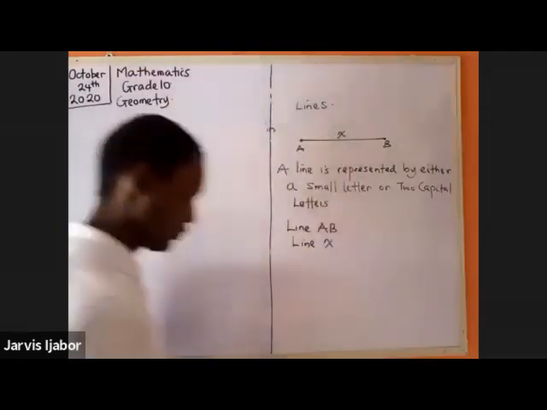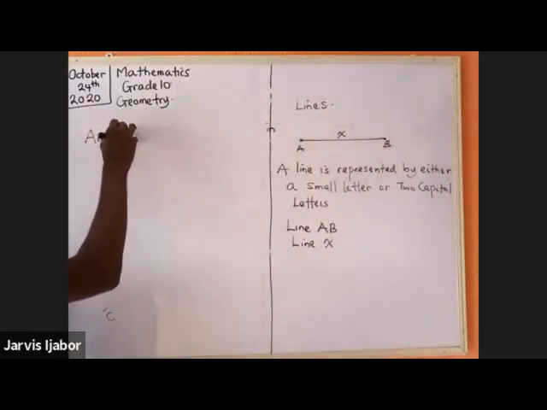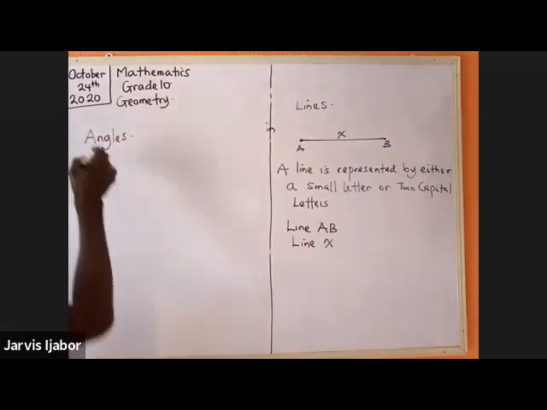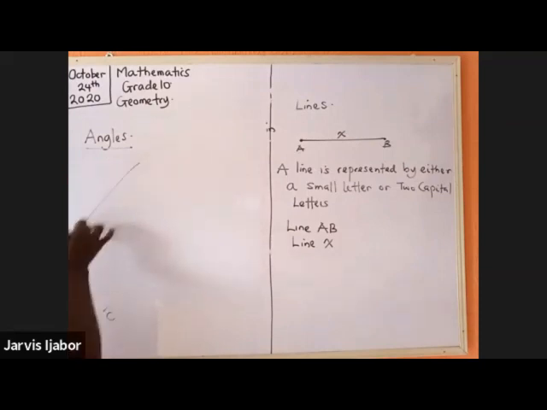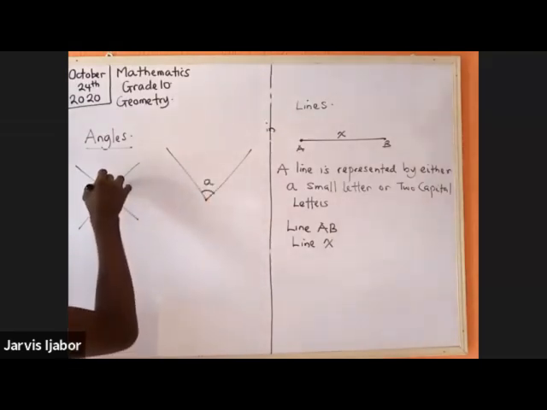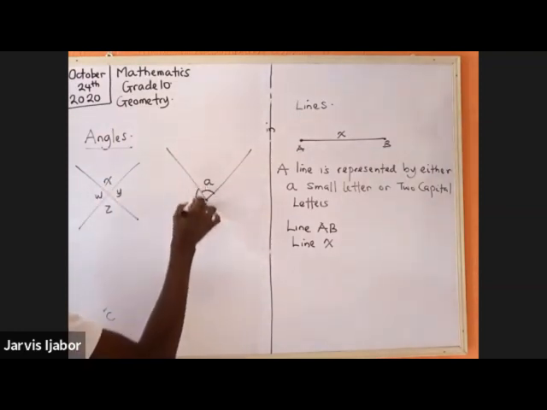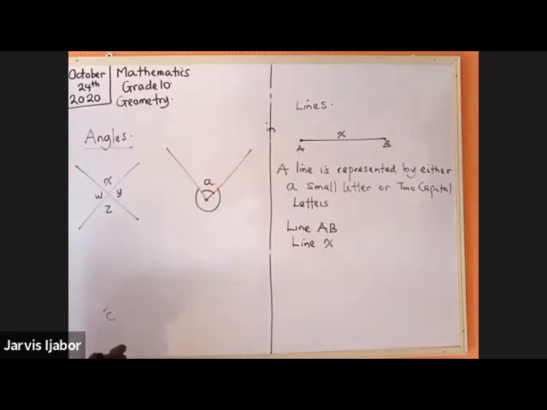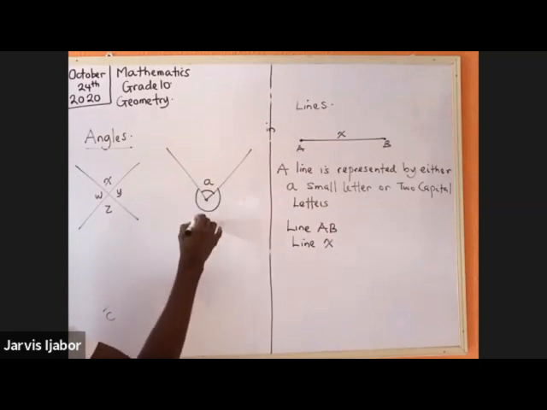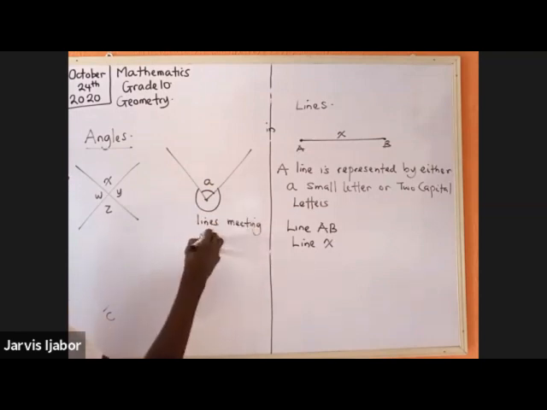Now for angles, what we have is somewhat interesting. We said that they can either be formed by intersection, or they join or meet. So this is an angle. Let me call it A. Let's call this X, Y, Z. Let's call this W. So notice that this is lines meeting or joining.